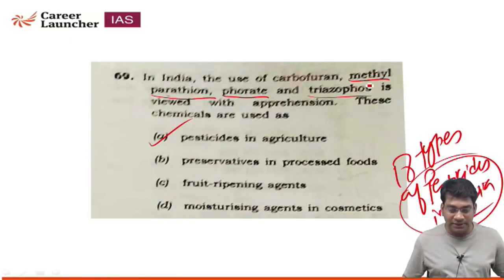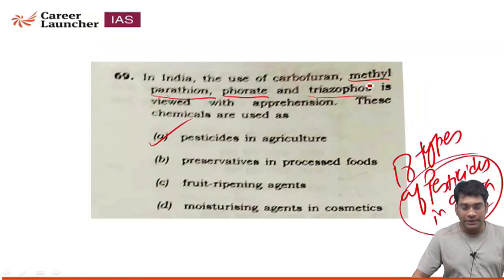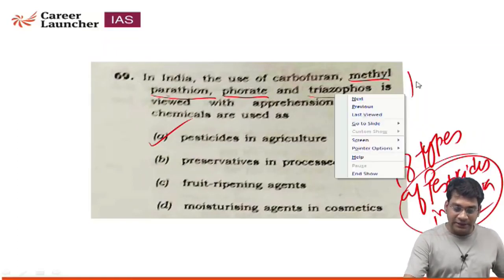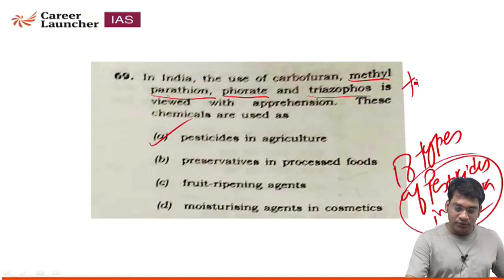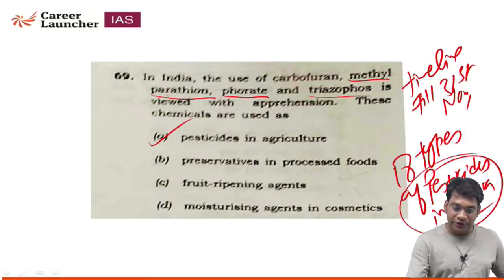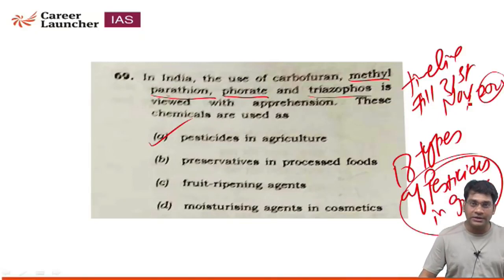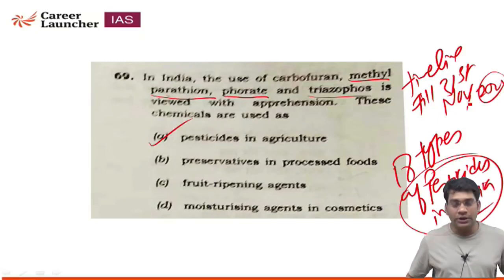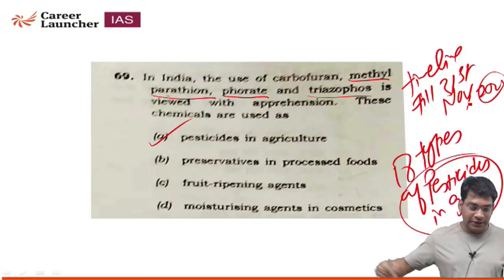This type of pesticide is not good for aquatic animals. As for the timeline given, till 31st November 2020 all these chemicals will be completely banned in India for manufacturing, export, import, everything. So option A is correct.